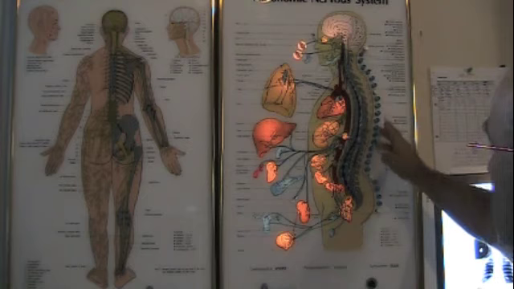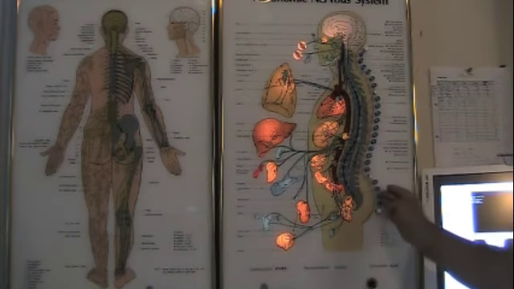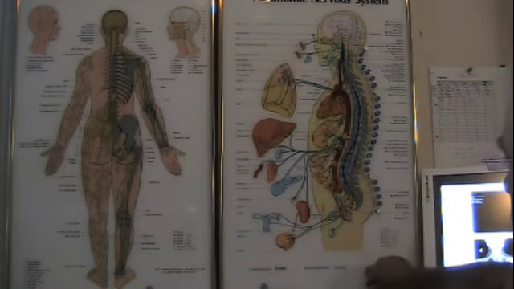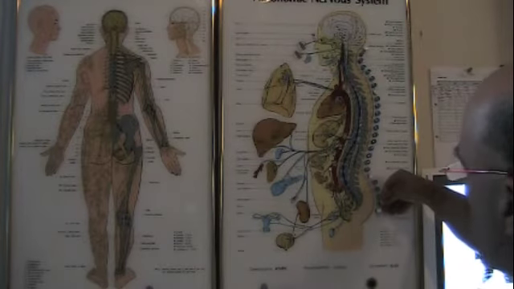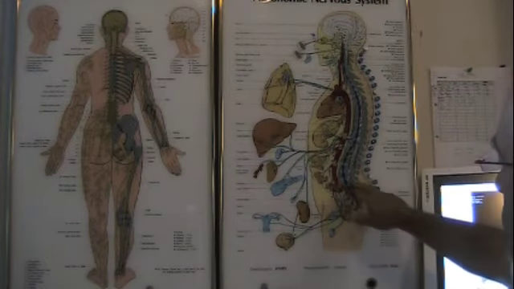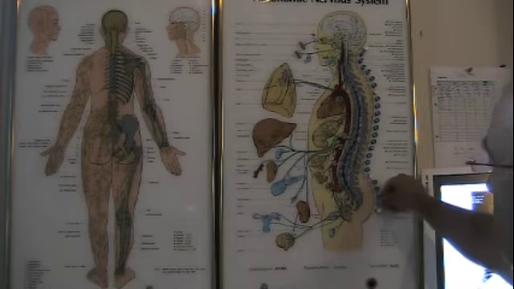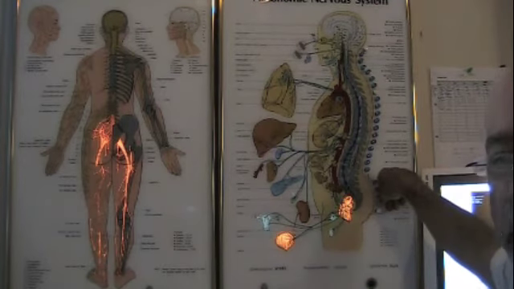If you look at these lower ones, these are the lumbar vertebrae, and if we press on a very common area that people also present with, which is the bottom vertebrae, L5, you can see the effects of that.